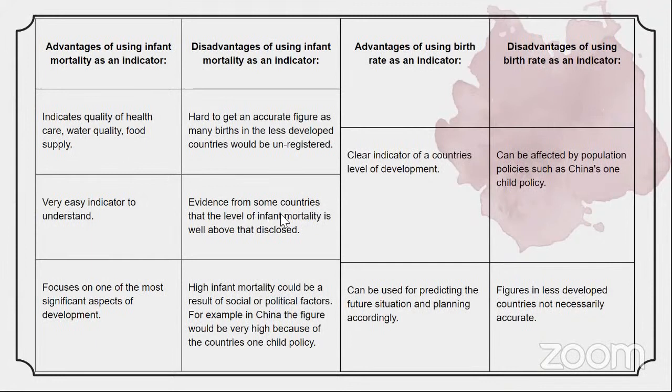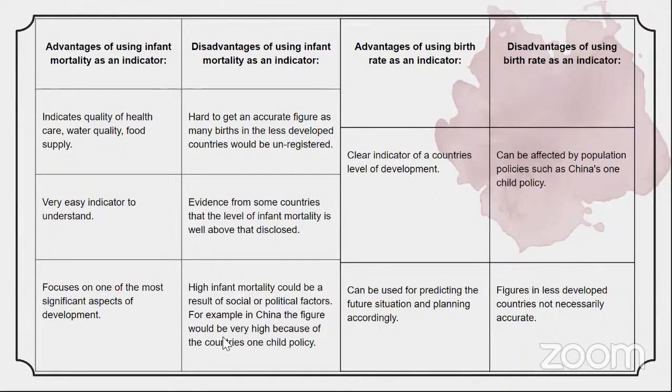Evidence from some countries shows that the level of infant mortality is well above what is disclosed. As usual, political issue. So nak buatkan orang nampak elok, orang tipu-tipu sikit. Macam tak betul sangat tapi tak adalah nak kata orang tipu terus. Lepas tu, high infant mortality could be a result of social political factors.